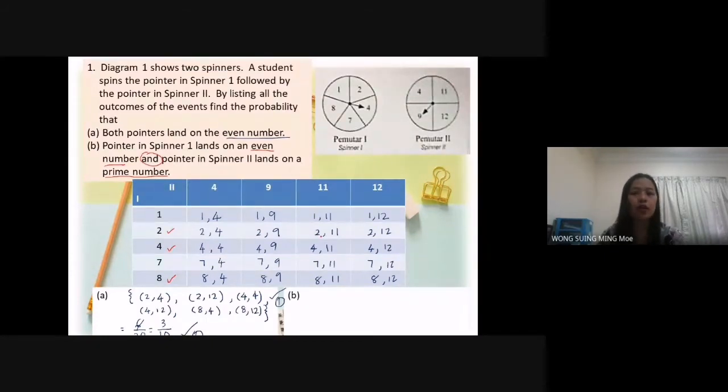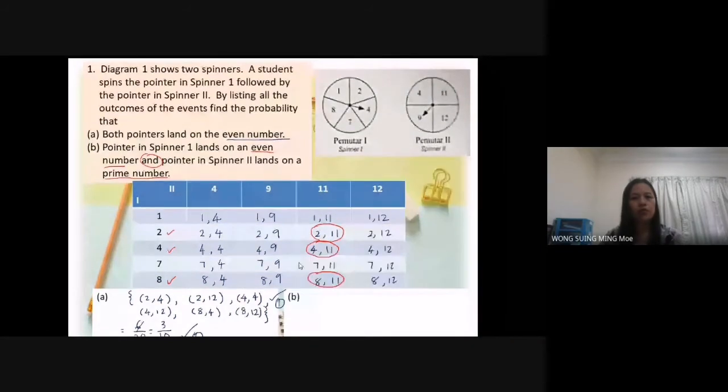A prime number is a number that can only be divided by 1 and itself. Okay, so 2 and 11. So here, we have 11.